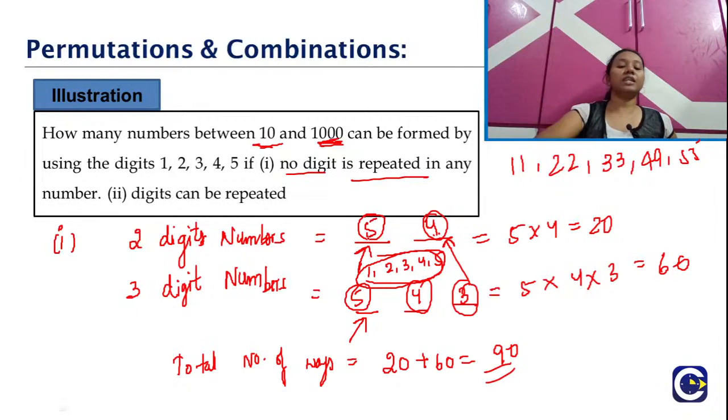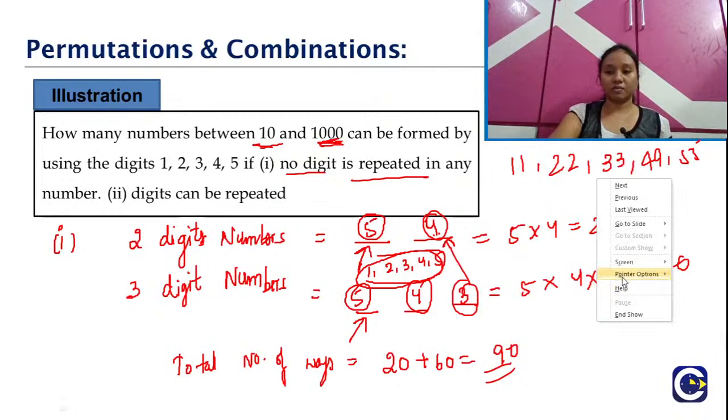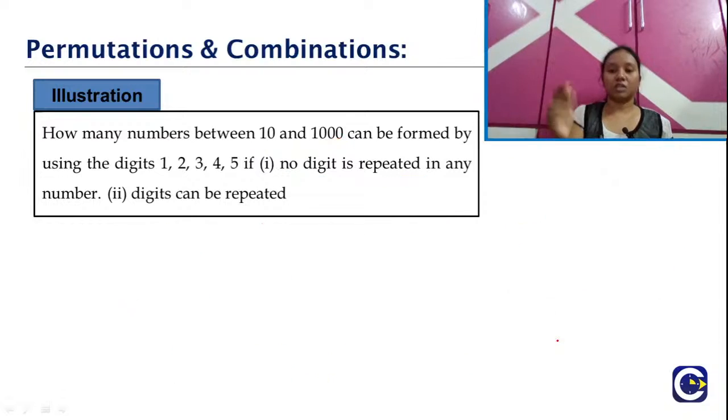Right. So similarly, let's try and do our second part where the digits can be repeated. I hope you guys got the idea of how to do it when digits are repeated. So quickly try and do it and let me know the answer for this.